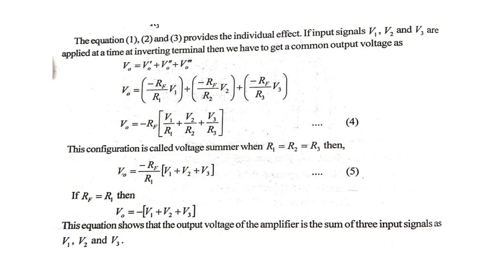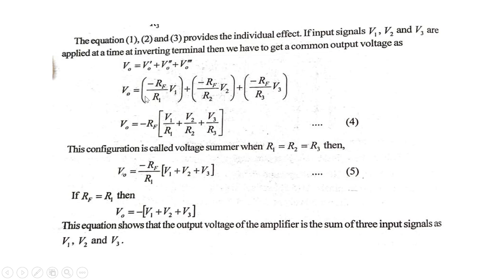If input signals V1, V2 and V3 are applied at a time at the inverting terminal, then we get a common output voltage V0 = V0' + V0'' + V0'''.